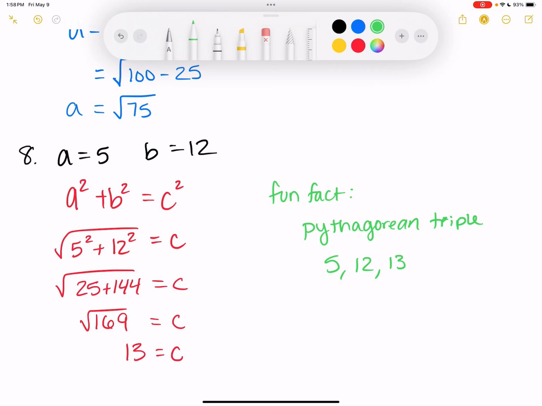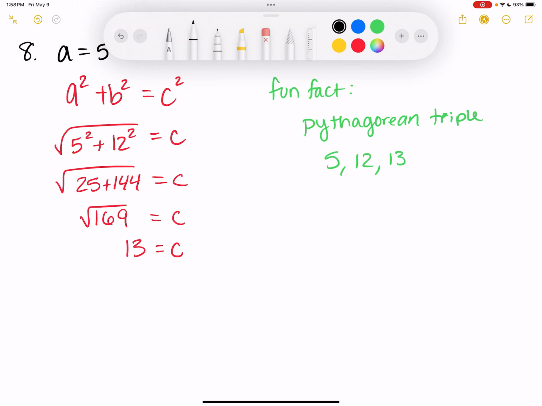Okay, so then what are some others? I'm just giving you a fun fact. This is a Pythagorean triple. You don't need to know that. Purely just a fun fact. Never know.